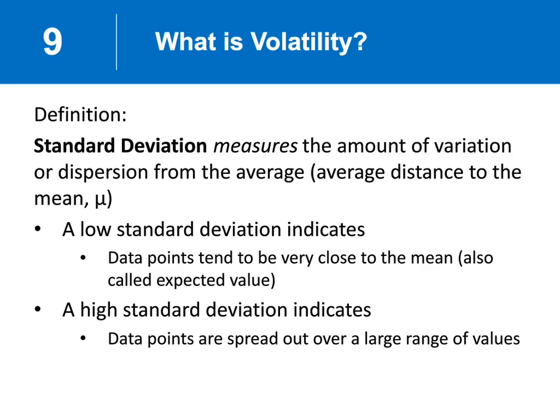Quite simply, if you look at bullet number 1, a low standard deviation indicates that your data points are going to be very close to the mean. So if you had a $10 stock, let's say your upper data point was 11 and your lower was 9. So the range would be from 9 to 11.